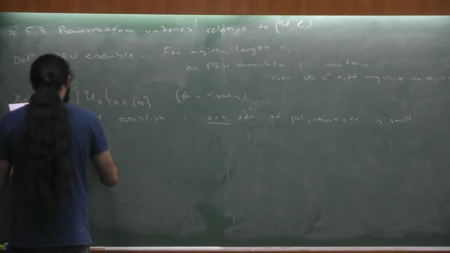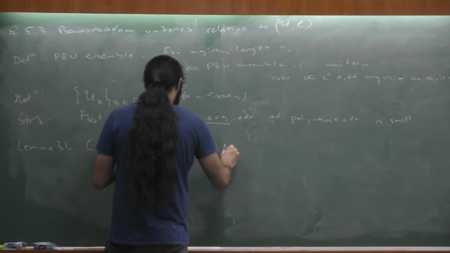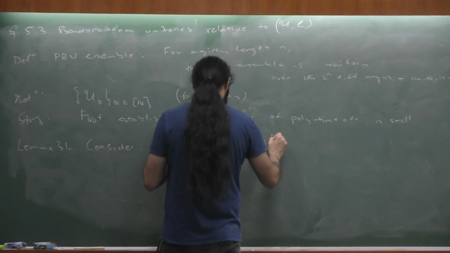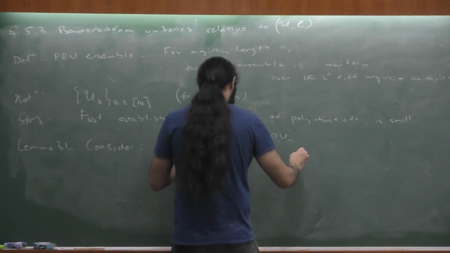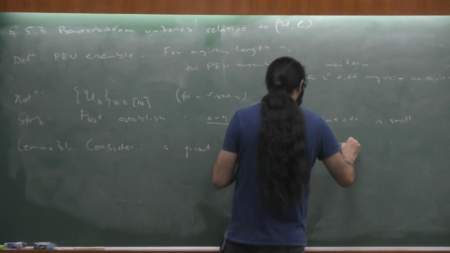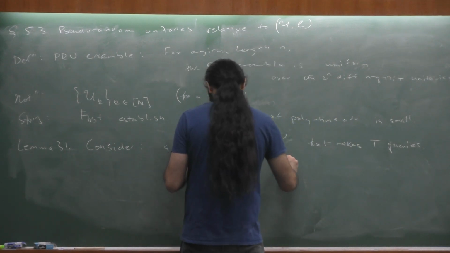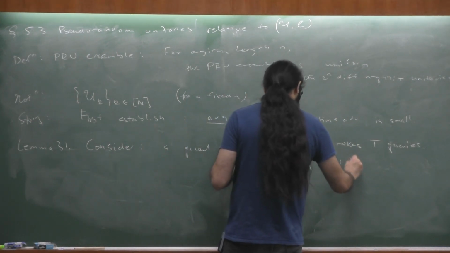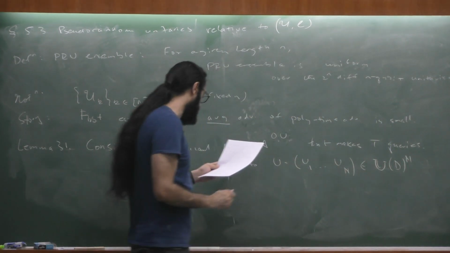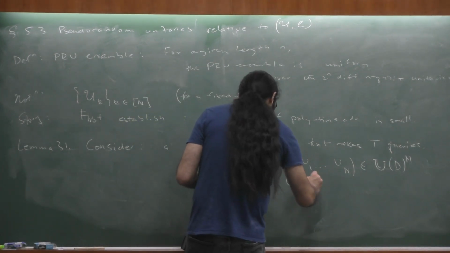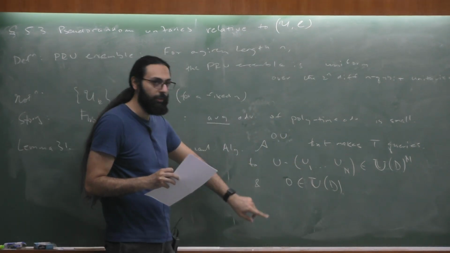Okay, so the lemma says that consider a quantum algorithm A^{U,O} that makes capital T queries to U. So U is U1 to UN in UD to capital N, and this O is some unitary in UD.